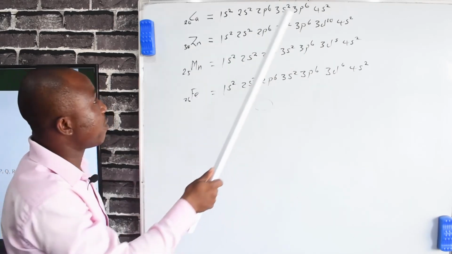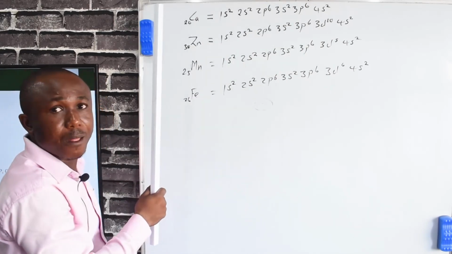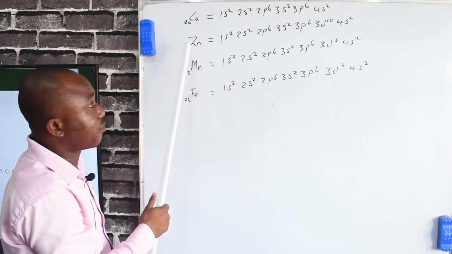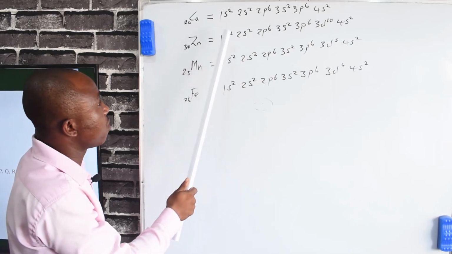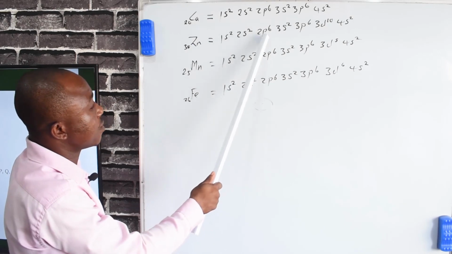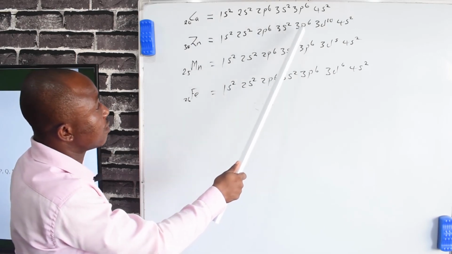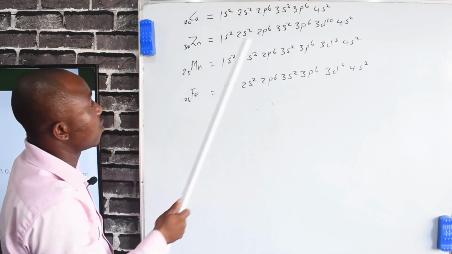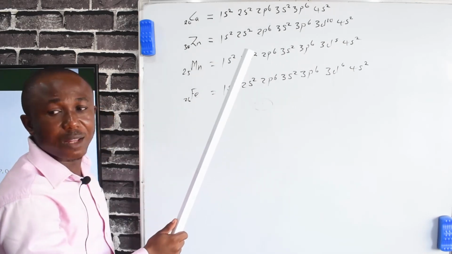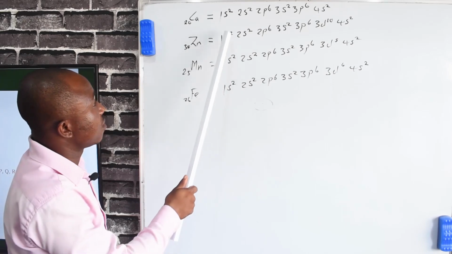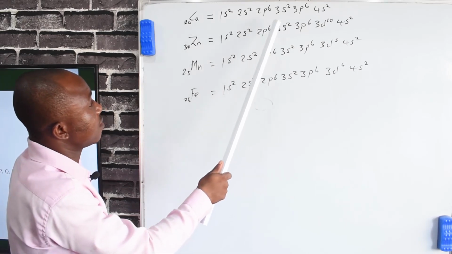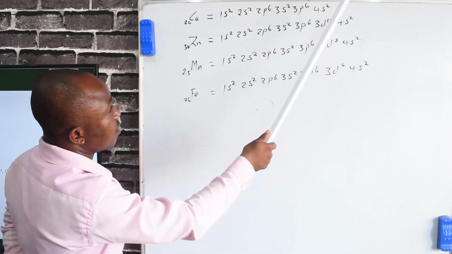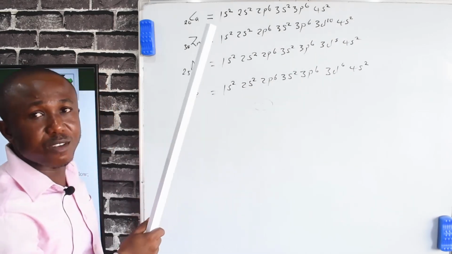You can see it corresponds to the atomic number. For zinc, that has atomic number of 30, we have 1s2, 2s2, 2p6, 3s2, 3p6, 3d10, 4s2. Let us check the total number of electrons: 2, 4, 10, 12, 18, 28, 30. It corresponds to 30.